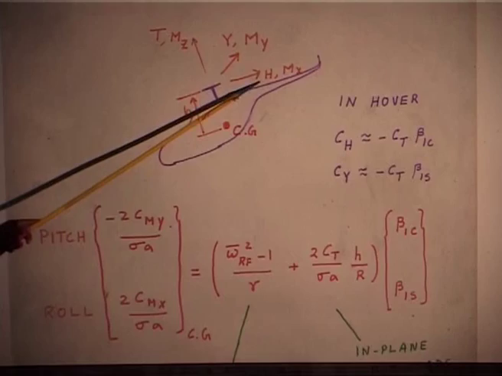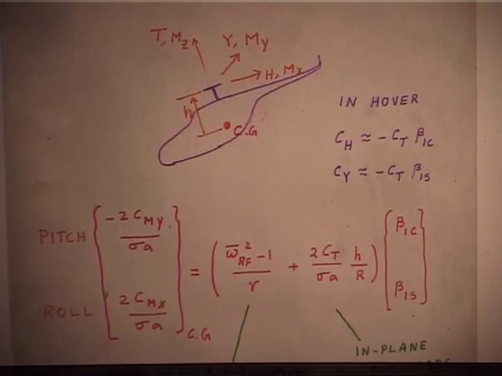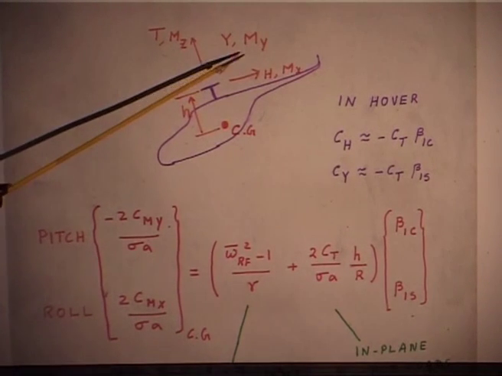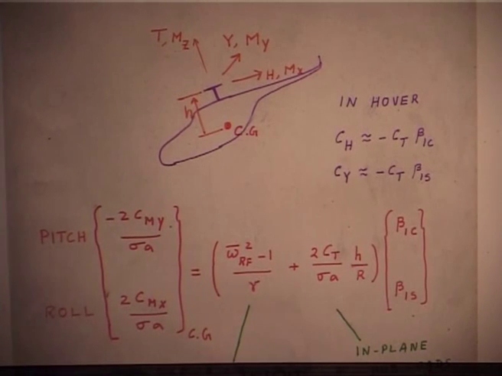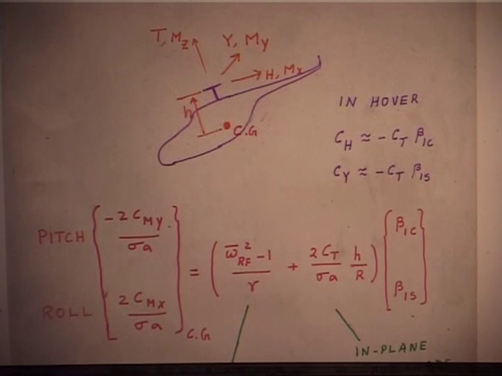Now you have a hub H longitudinal force, Mx which is the roll moment. Similarly, you have Y which is the side force, My which is the pitch moment, and thrust and the torque. These are the hub loads due to the blade operating condition.